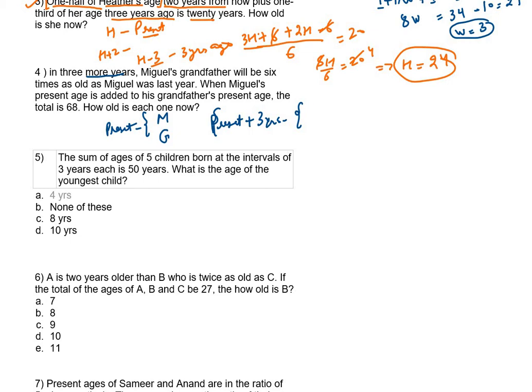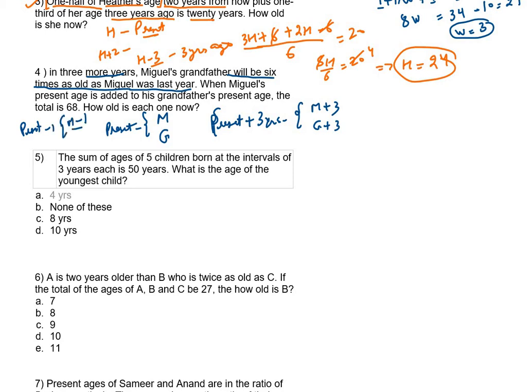So their ages will be m plus 3 and g plus 3, and they have given that Miguel's grandfather will be 6 times as old as Miguel was last year. That's interesting. So what was Miguel last year? Present minus 1, m minus 1.